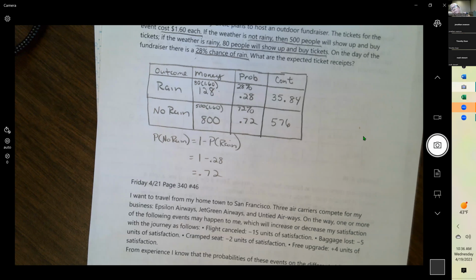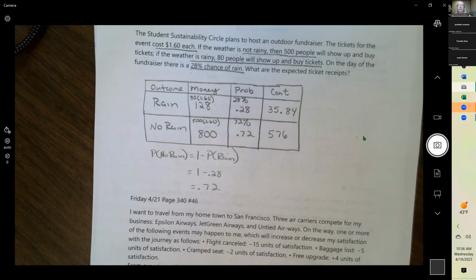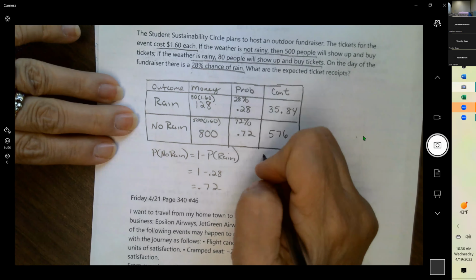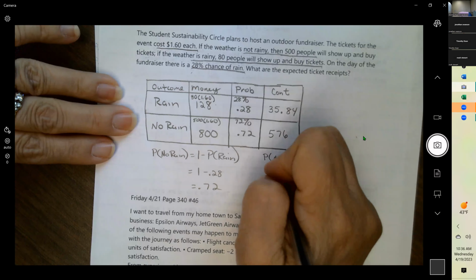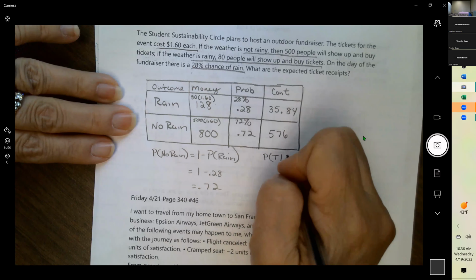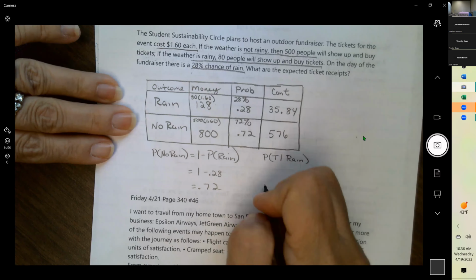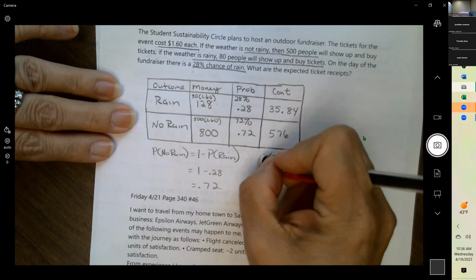Now on this one, they want the expected value of the tickets. They don't want it combined because it's only a one-time thing. It's not something, unless they're doing it every month or something like that. So they want the probability of the tickets given rain. Or not probability, should be expected value.